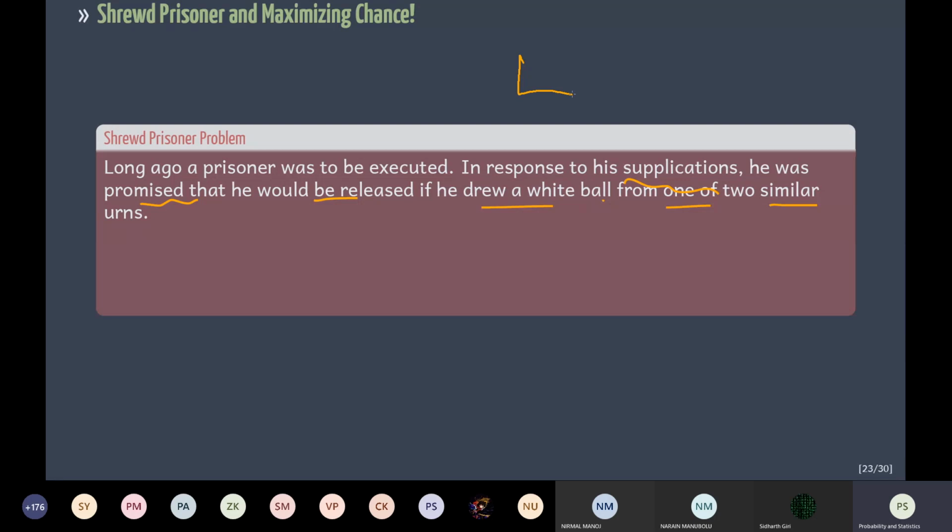So this is urn 1 and this is urn 2, and there is a prisoner here.